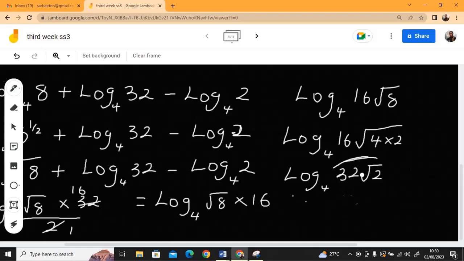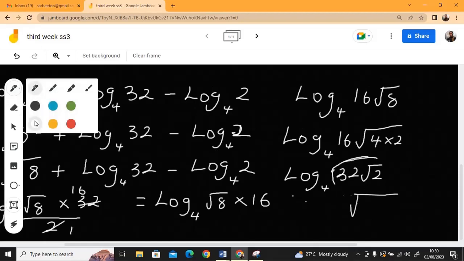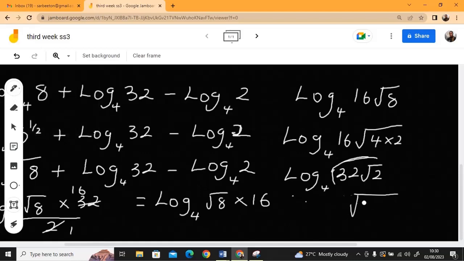It means 32 squared times 2. 32 squared is 32 times 32, that is 1024.